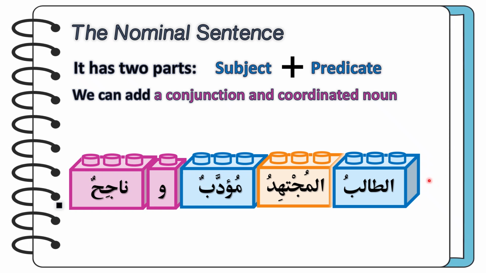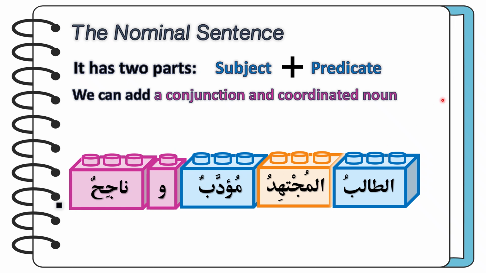If I wanted to expand the sentence even more, so I've already described the subject, الطالب المجتهد, and I've added additional information about the subject. Remember, the predicate is giving information about the subject. So I've already said that this hardworking student is مؤدب وناجح. He's well behaved and successful. I want to now add a prepositional phrase which gives information about the location of what we're talking about.